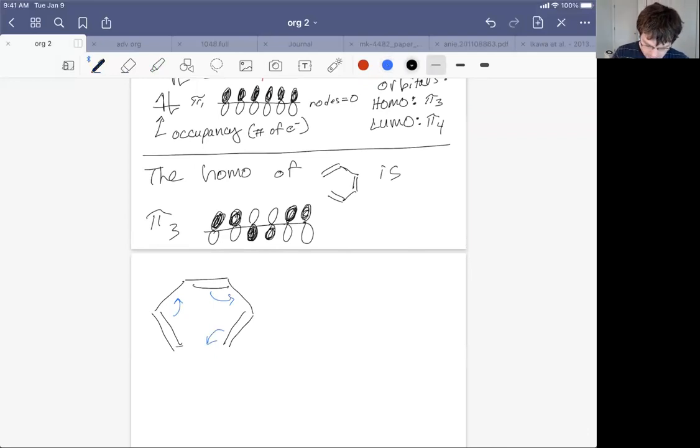But instead, what I want to do is focus on the orbitals, namely the highest occupied molecular orbital.